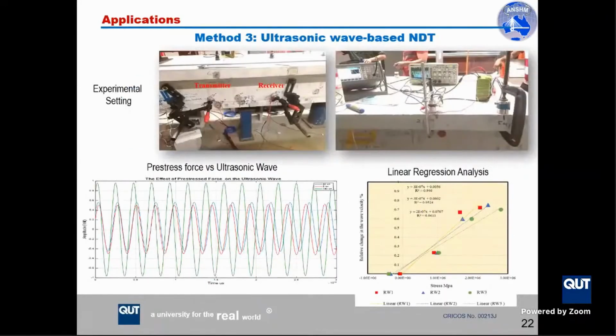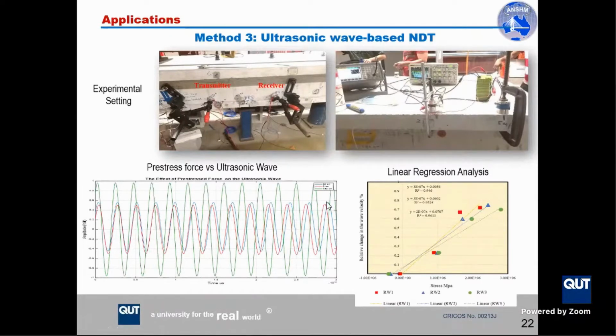The third approach is based on non-destructive testing using ultrasonic waves. You can see in the top left figure here, we have transmitters and receivers attached on the surface of the concrete. And you can see the ultrasonic wave at different prestress forces.